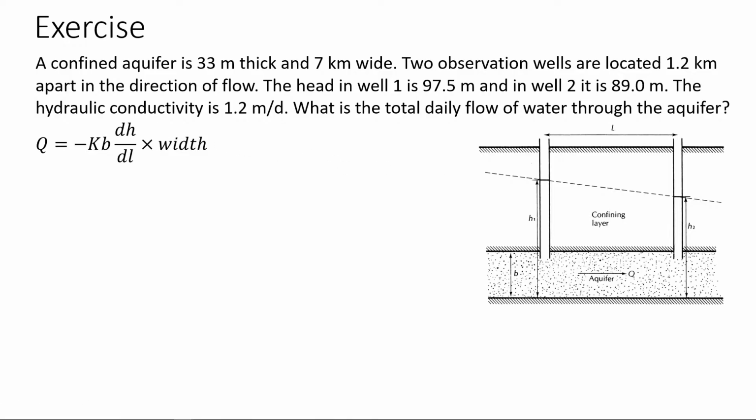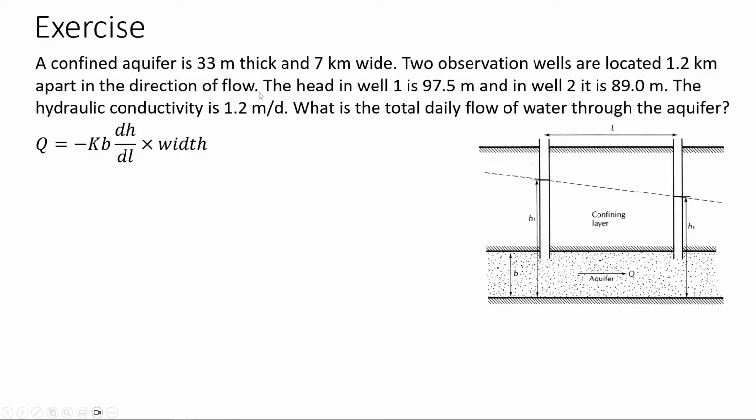We did this before, so there's really nothing new here. I don't want to spend time on this. By now you should be able to do these things on your own. So pause the video and try to solve it. That would also be good practice for your homework and for your exam.